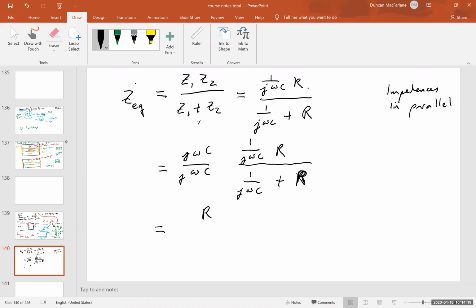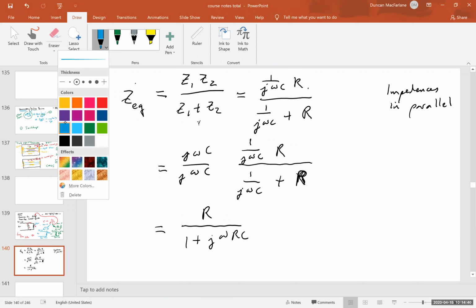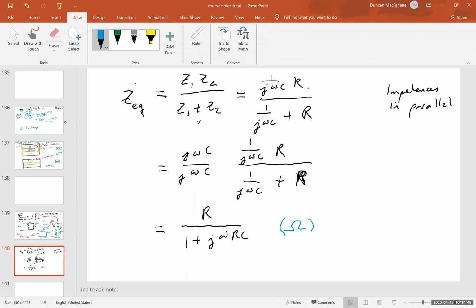And if I do that, then I get this as an expression for my equivalent impedance. Notice right away that the units of this are ohms because of the numerator.